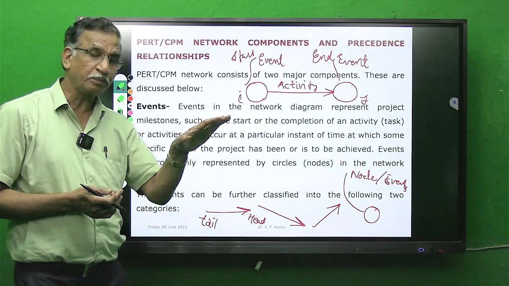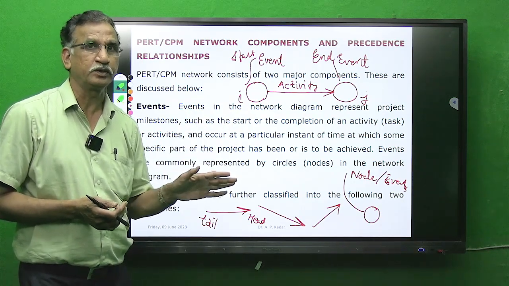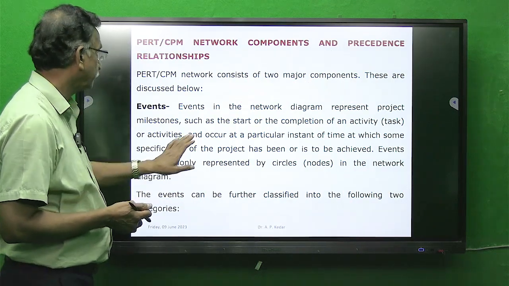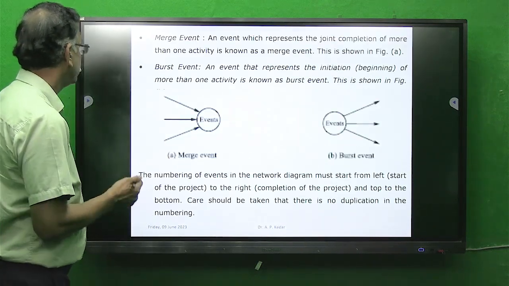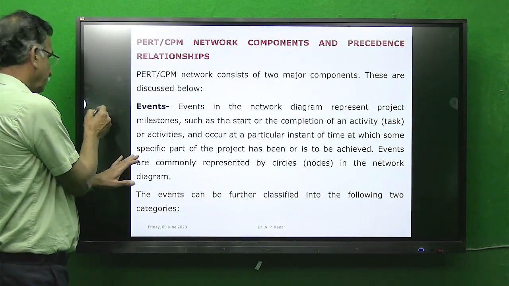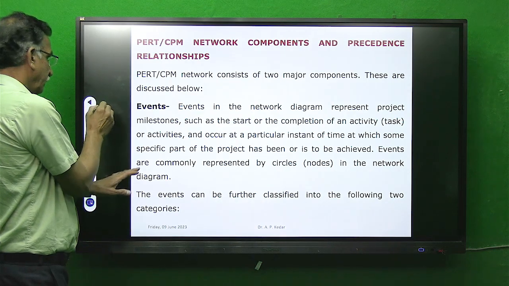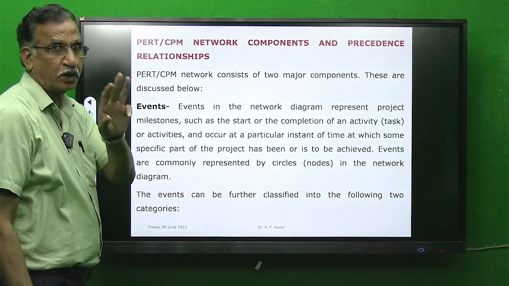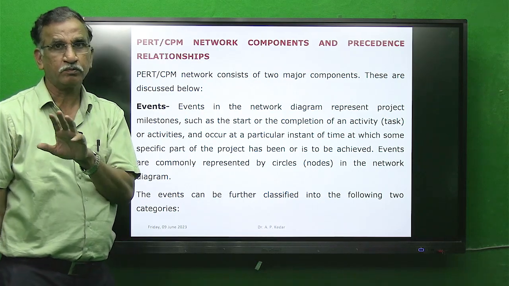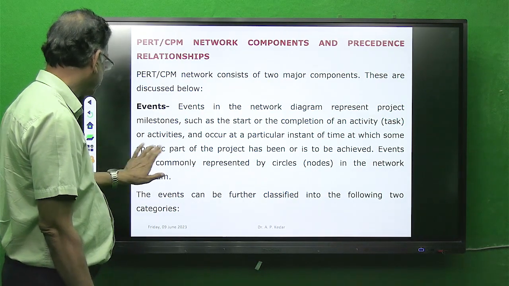Only the interpretation and application in analysis is different. That we'll see when we take numericals. Now see here, what we discuss is event, and these events are of two types. What are those two types? That we'll see.